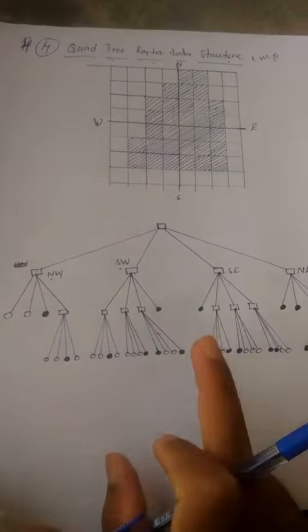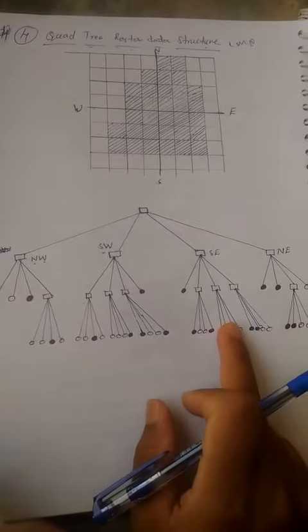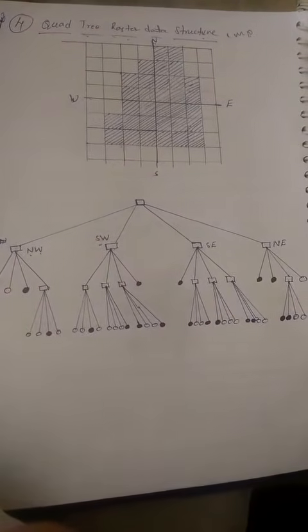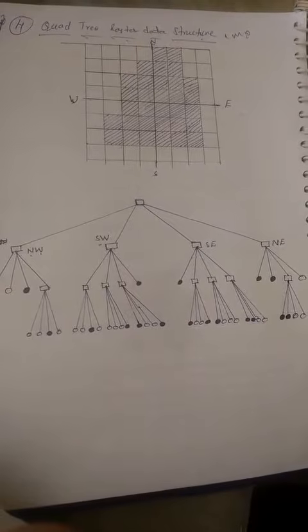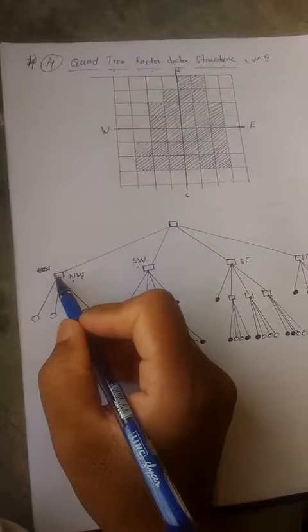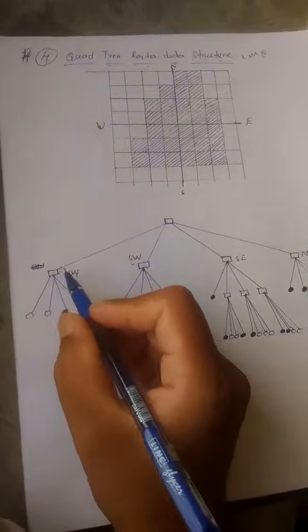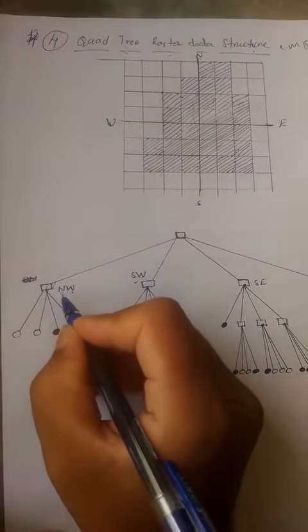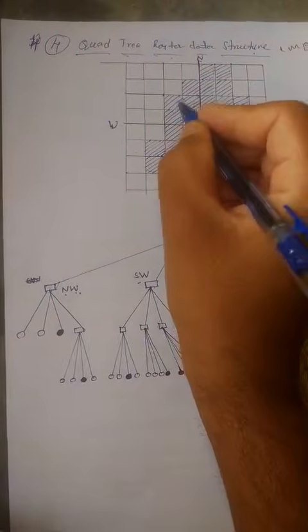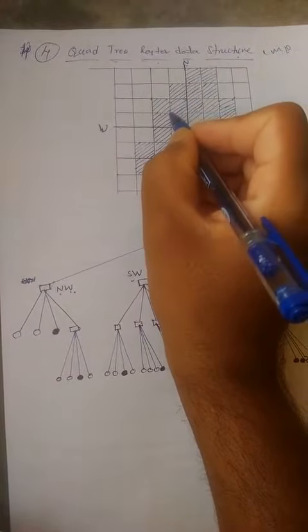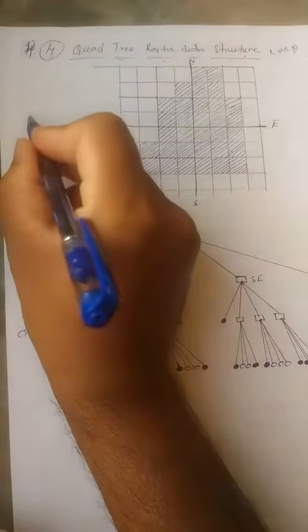Initially, in this data structure, I am dividing by means of northwest, southwest, southeast, northeast. I am taking it as one single part. First one, see here carefully, northwest. Take northwest.